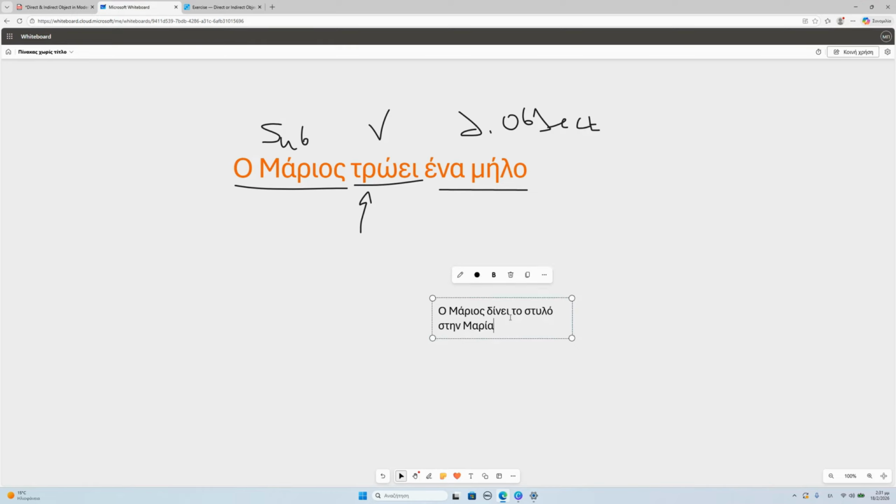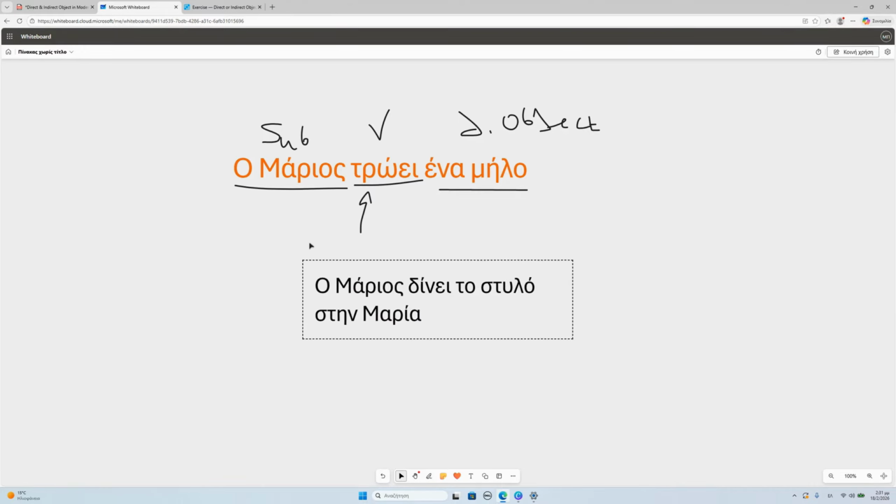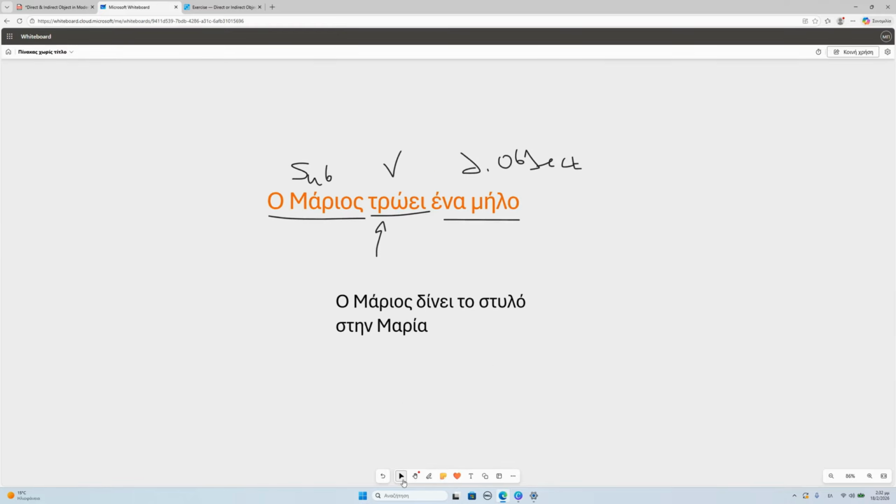Let's check this out. If we analyze this phrase, we will start always with the verb. Δίνει, the verb. Who is doing the action? Marios, the subject. What does Marios give? Again, the same question. Το στυλό. We asked what as here: what Marios is eating.